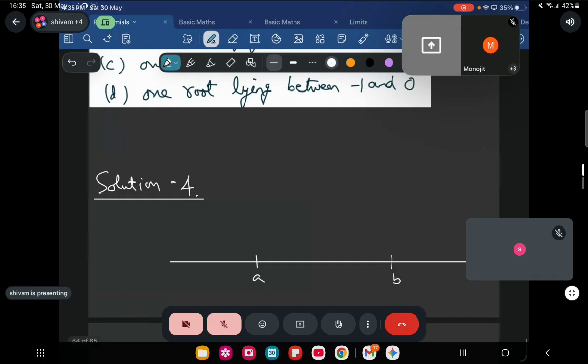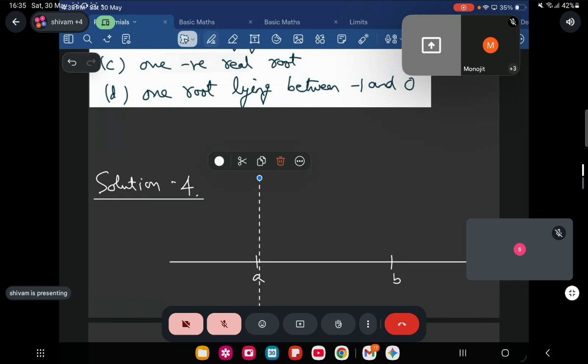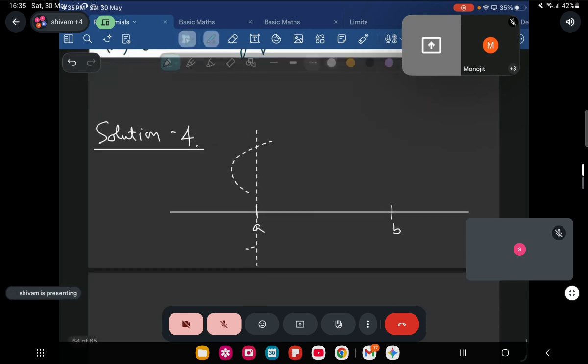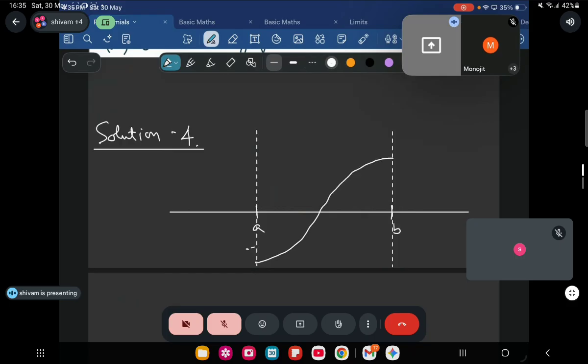One possibility is that f of a is less than 0 and f of b is greater than 0. The graph can look somewhat like this. This is one of the possibilities. Yes or no? Can it happen? Yes, sir.